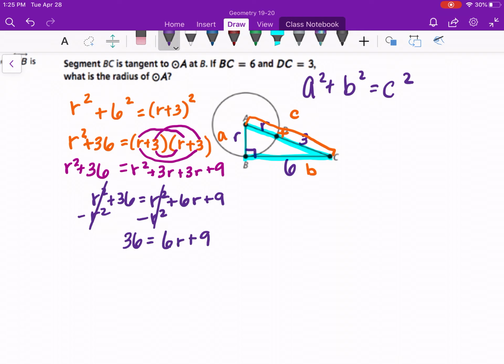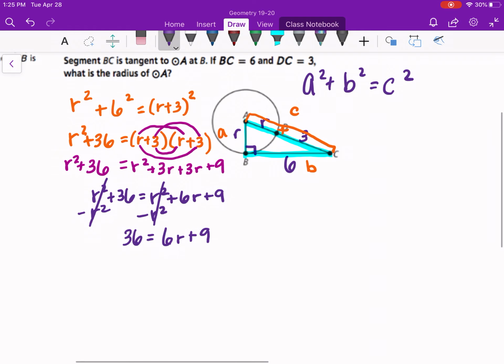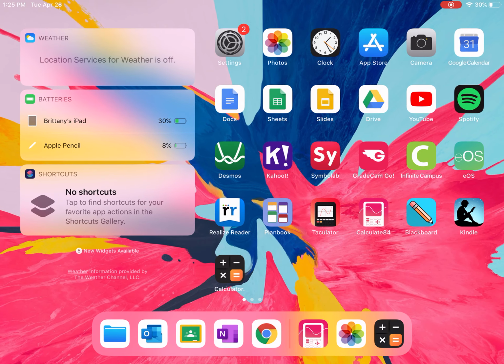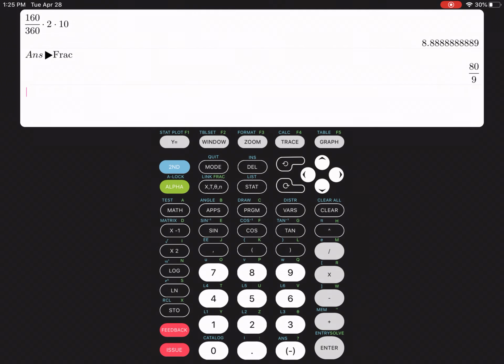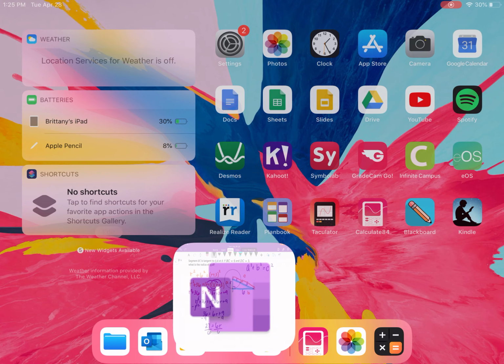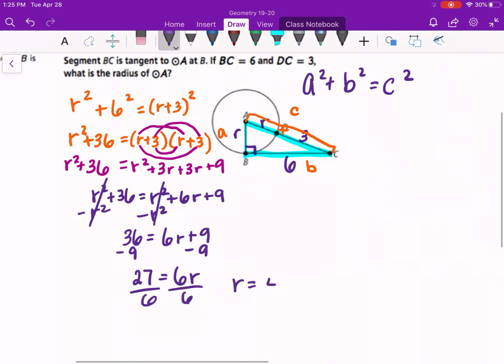And if I'm trying to get that R by itself, I'm going to undo the plus 9. And I get 27 equals 6R. And I'm going to divide both sides by 6. 27 divided by 6 is 4.5. R equals 4.5. And that's it.